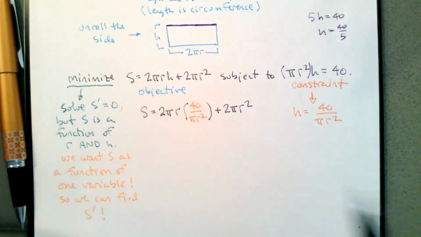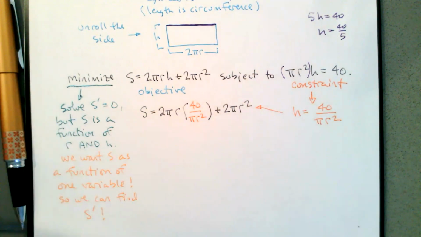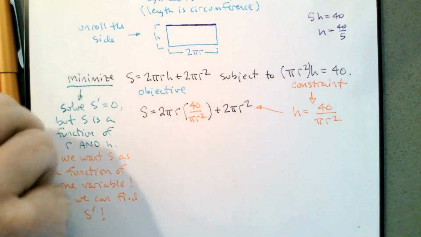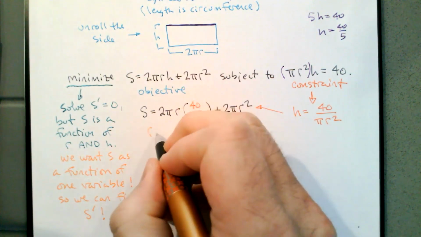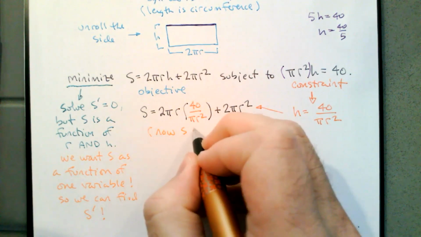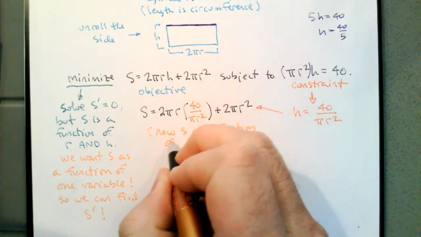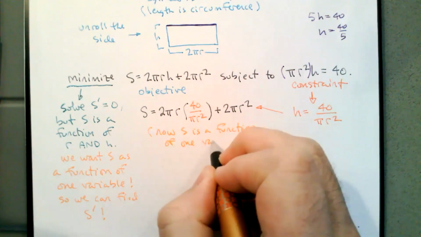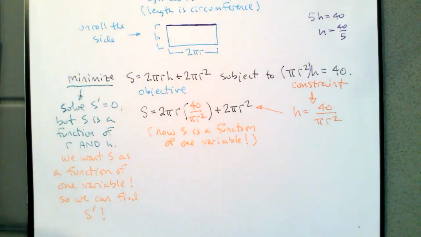So we take our constraint, solve for one of the variables, and plug it into our objective. Now notice that our objective only involves r. Now our objective is of one variable. And that's what we wanted. We want S to be a function of one variable.